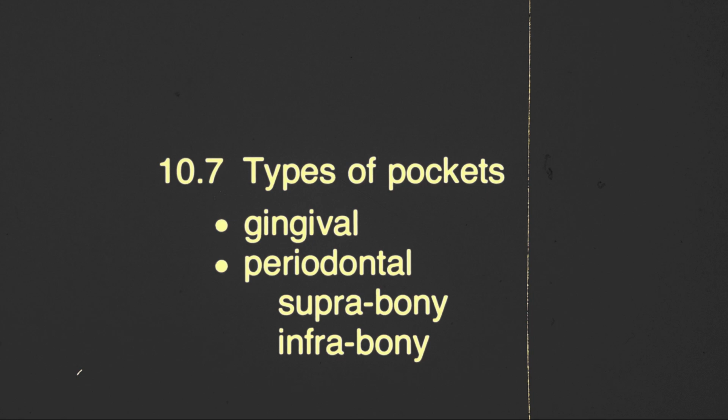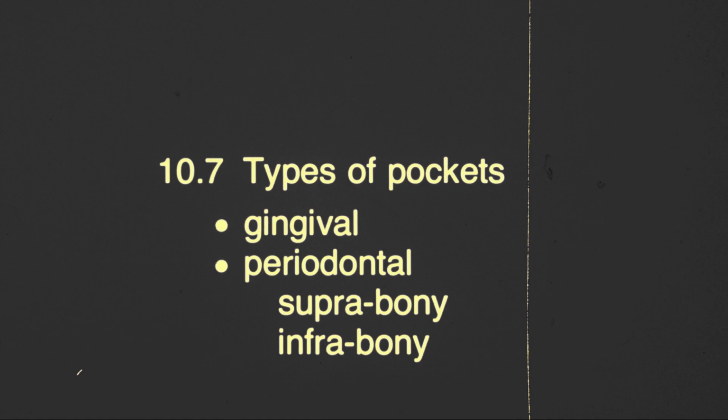Pocket formation can be divided into two types, with one type being subdivided. Early in the process of gingivitis and periodontitis, there is swelling of the marginal gingiva. This will cause an apparent pocket because of the gingival crevice being deeper than 2 to 3 millimeters. But there has been no true destruction of the periodontium. This is known as a gingival or pseudo pocket.